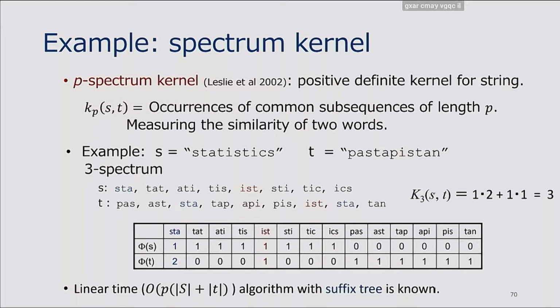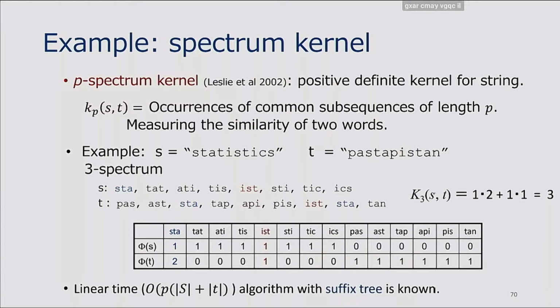And this type of kernel was very extensively studied, let's say, more than 15 years ago. One of the concerns is the computational cost. Straightforward computation requires quadratic or sometimes cubic time, and that prohibits application to a very large data set.